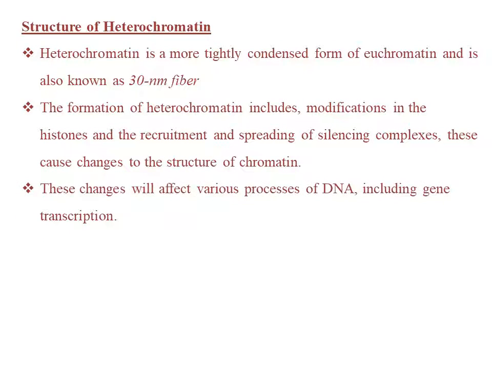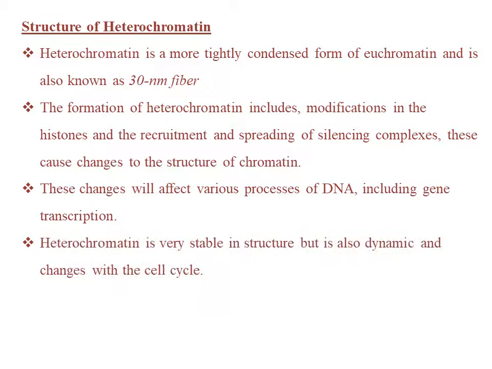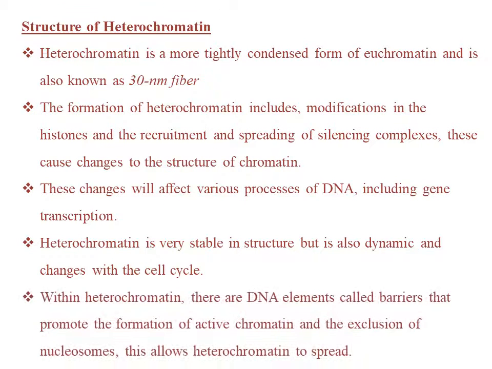These changes will affect the various processes of DNA, including the gene transcription process. The heterochromatin is very stable in structure, but it is also dynamic and changes with the cell cycle. Within the heterochromatin, there are DNA elements called barriers that promote the formation of active chromatin and the exclusion of nucleosomes. This will allow the heterochromatin to spread.